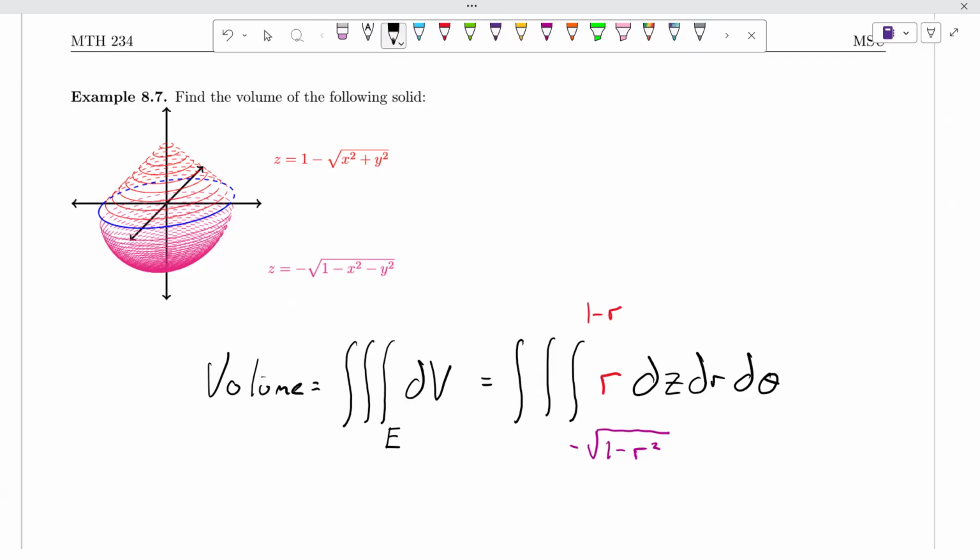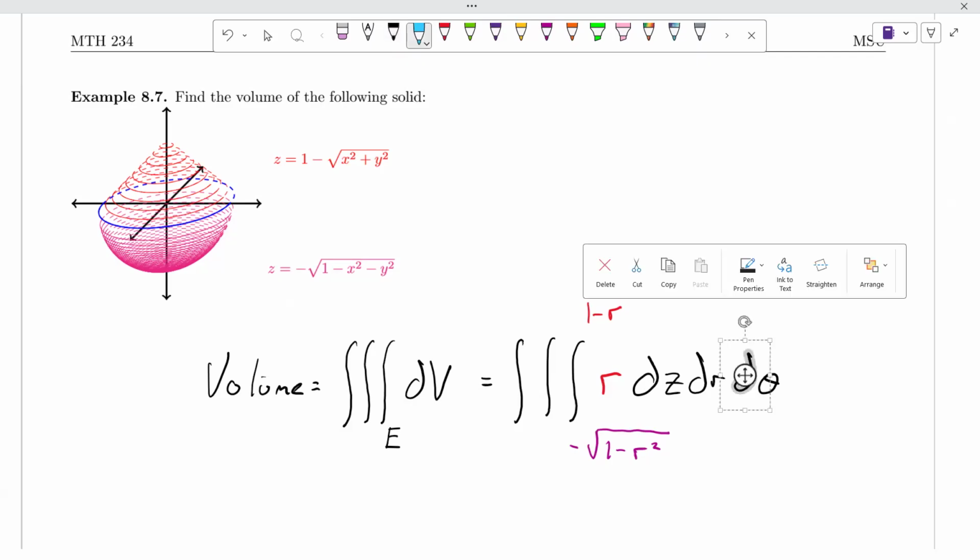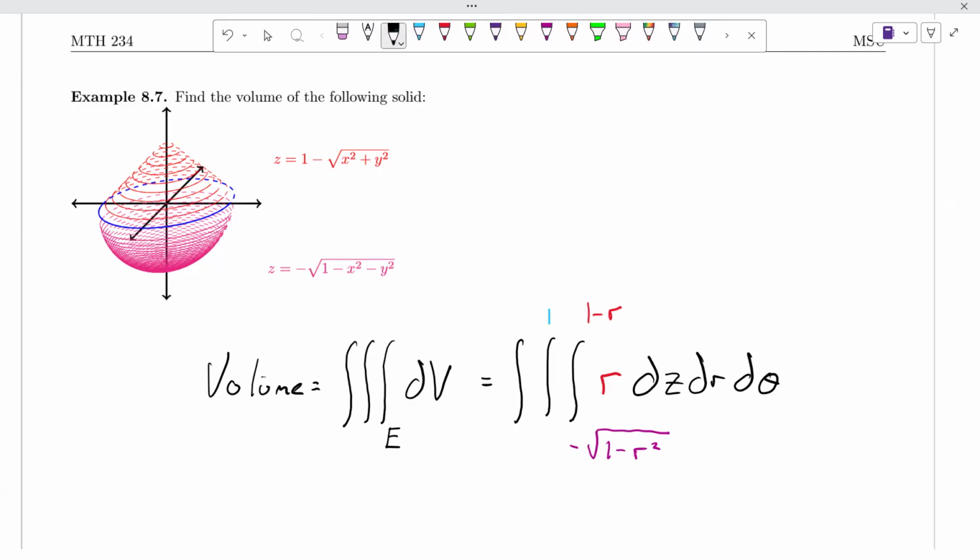So if I take a look at both of these expressions, the spot where they intersect in the xy plane is going to create a circle with a radius of 1. So I'm going from 0 out to 1, starting from the origin and working my way out.